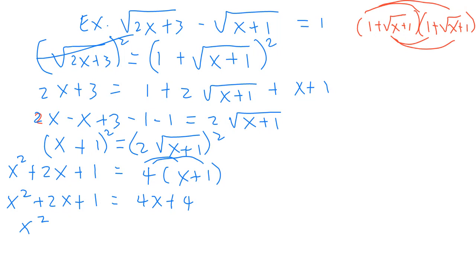Try to form the quadratic equation by isolating everything to the left, and then the right side should be a 0. So 4x becomes a minus 4x. And then plus 1 minus 4 is equal to 0.